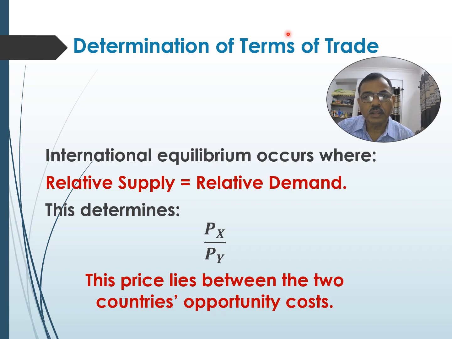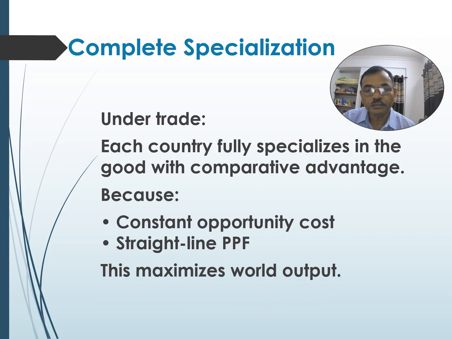Once trade begins, what happens to production? Because opportunity cost is constant, countries fully specialize.